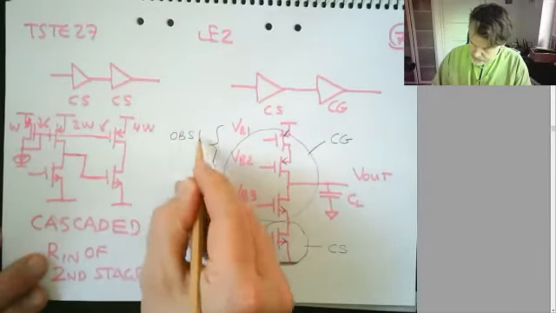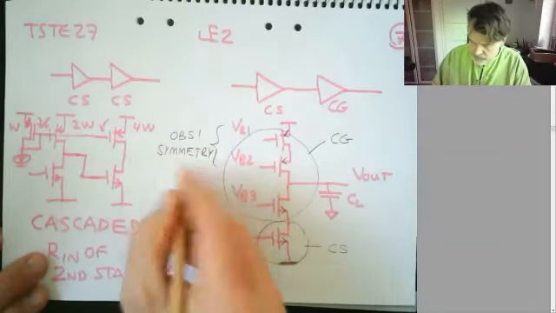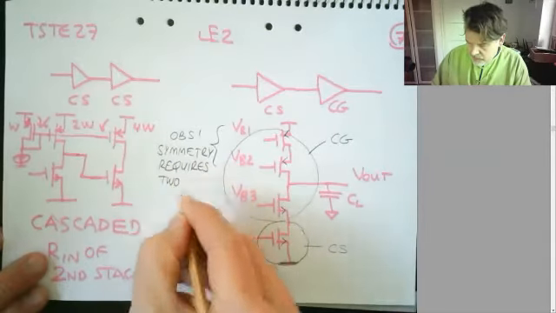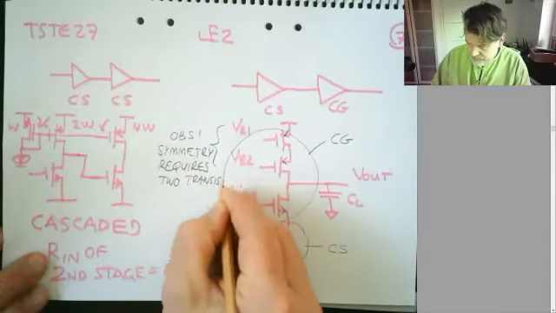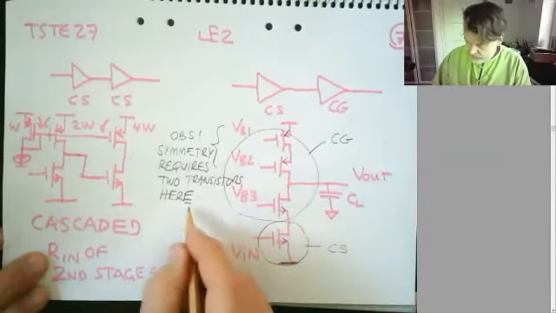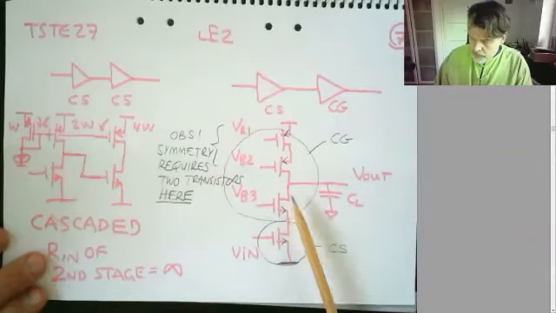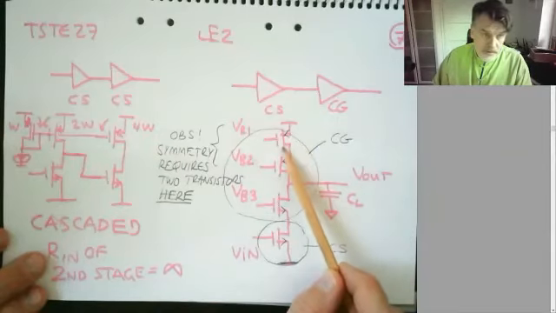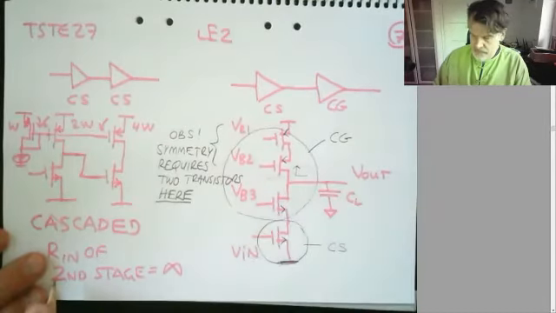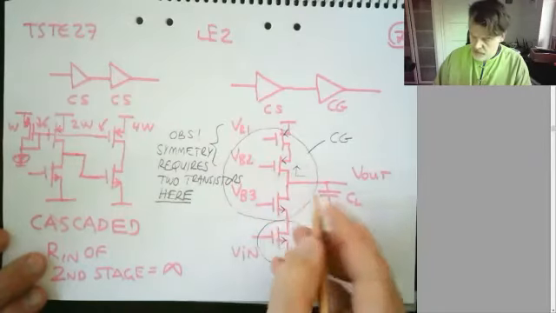Observe: symmetry requires two transistors here. So if I don't add two transistors here, just one of them, the output impedance, if I look up this node, will be only dependent on one single transistor, which will not match.